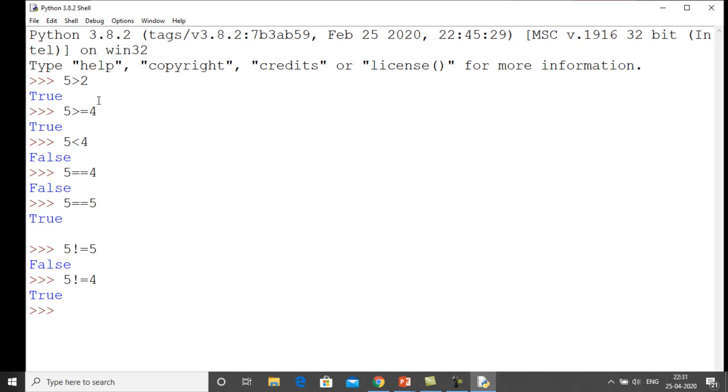So these are the relational operators that we have discussed, and I have shown the practical implementation of all of them. All of these operators give a result of either true or false, and they perform the operation between two objects, or we can say two values.